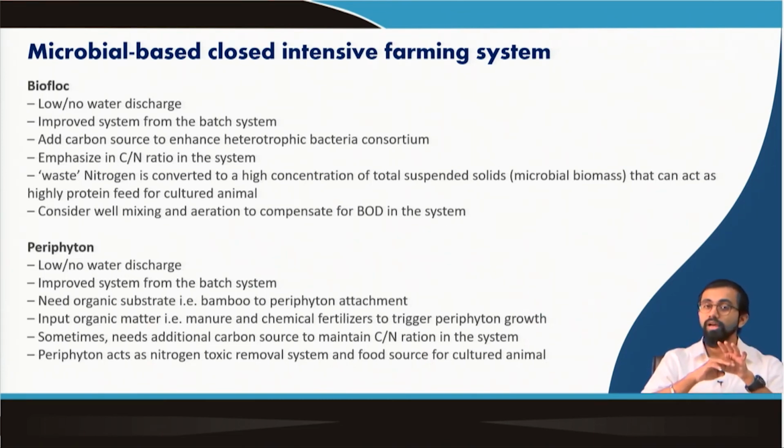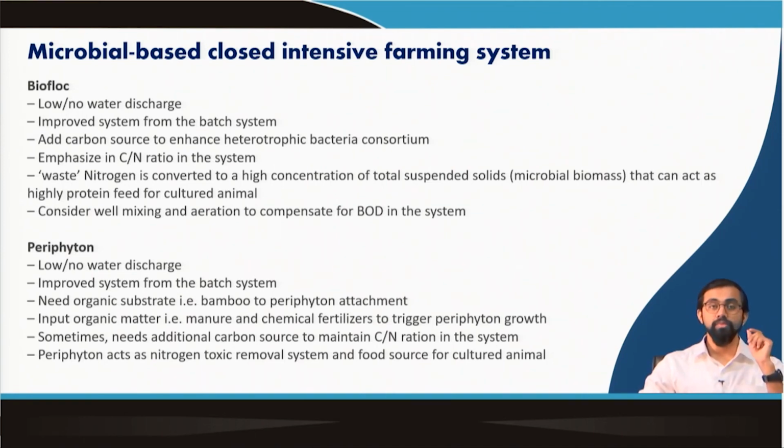So, here also we have a win-win situation, as I discussed in biofloc technology also. These periphytons not only consume the nitrogen species, which are toxic in nature. You know that even a very small amount of ammoniacal nitrogen present in the system, or if it is free ammonia gas, is even more toxic for the fish or any aquatic species to survive.